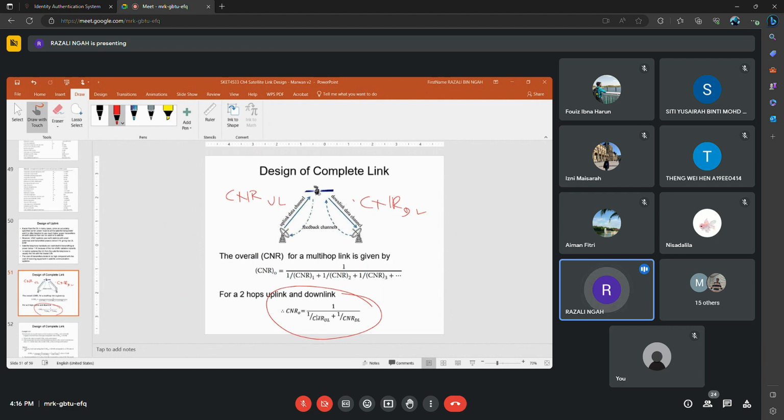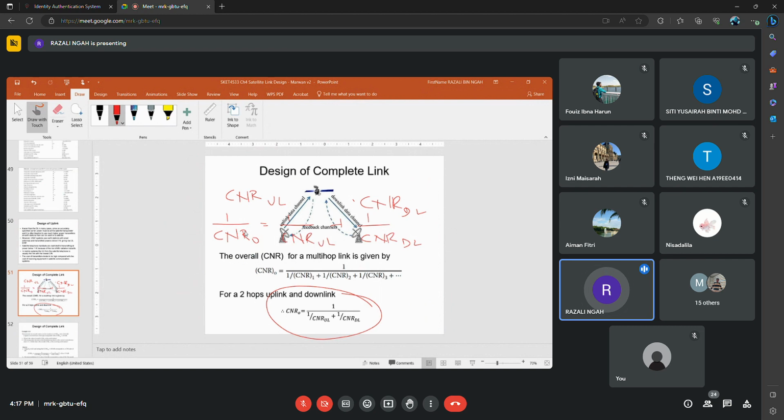This formula is actually in linear. It comes from here: 1 over CNR overall is equal to 1 over CNR uplink plus 1 over CNR downlink.